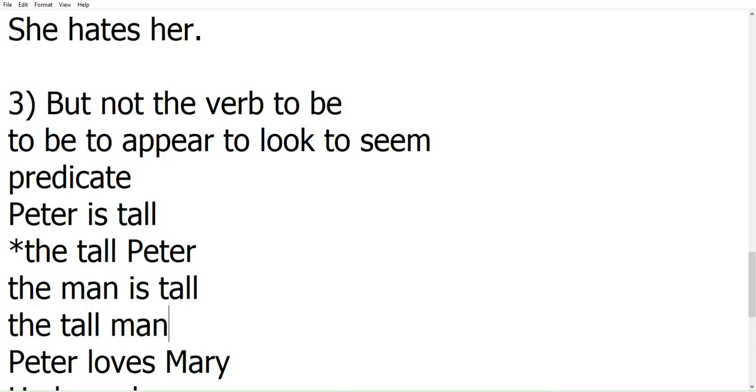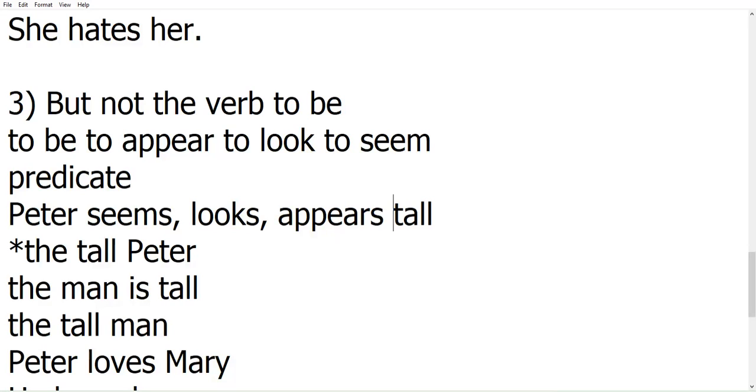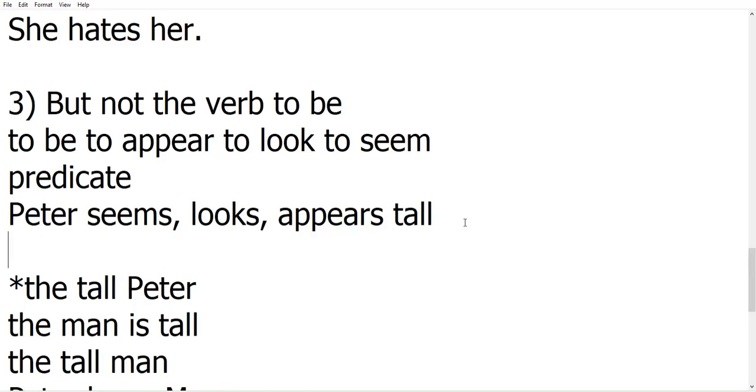And notice here I can also replace this is here with seems, looks, appears. All of these verbs that I can put here also have the same thing. So what happens in Greek with this phrase, Peter is tall? Let me translate this and see if you can see for yourself.